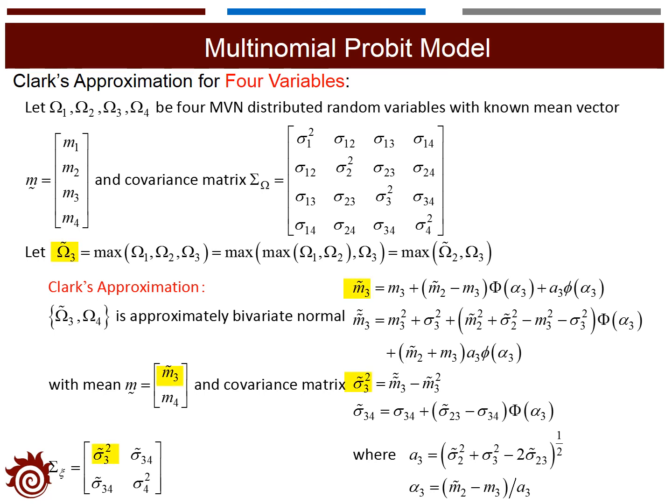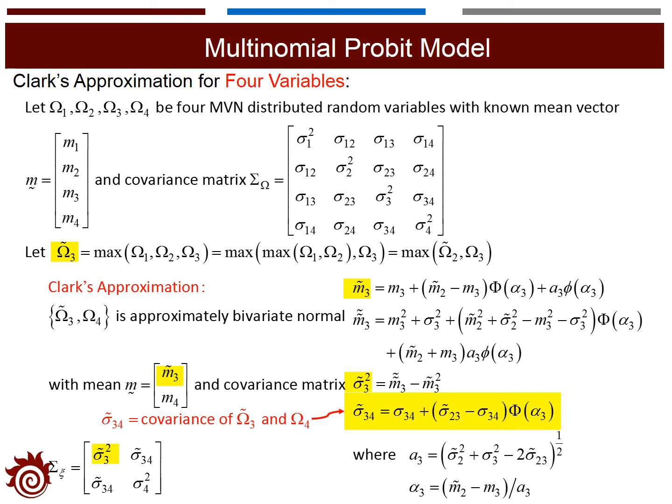These two equations show the mean for omega 3 tilde and the variance and the covariance of omega 3 tilde and omega 4, as shown in this equation. Here we also need to define another parameter alpha 3 to estimate sigma 3 4 tilde.